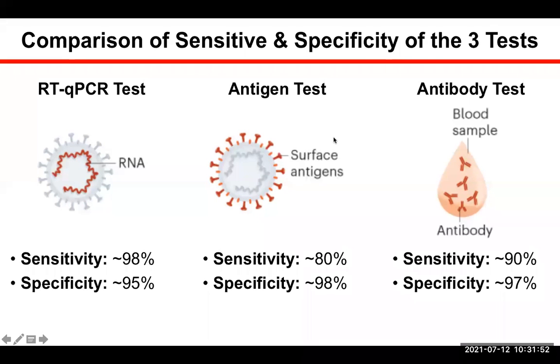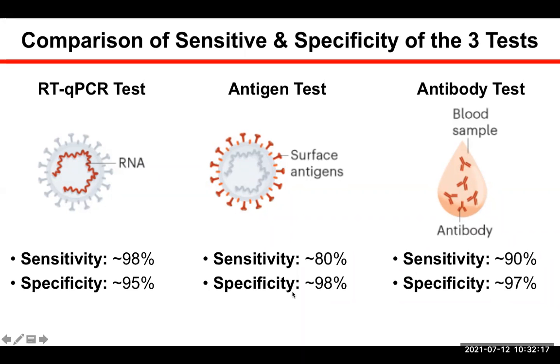The antigen test is the one that's least used, and you may have heard of it in the news or maybe not. Usually the qPCR and antibody tests are the ones most people talk about or actually use. The antigen test has a very low sensitivity, approximately 80%, meaning that 20% of people who are infected aren't being registered as infected.